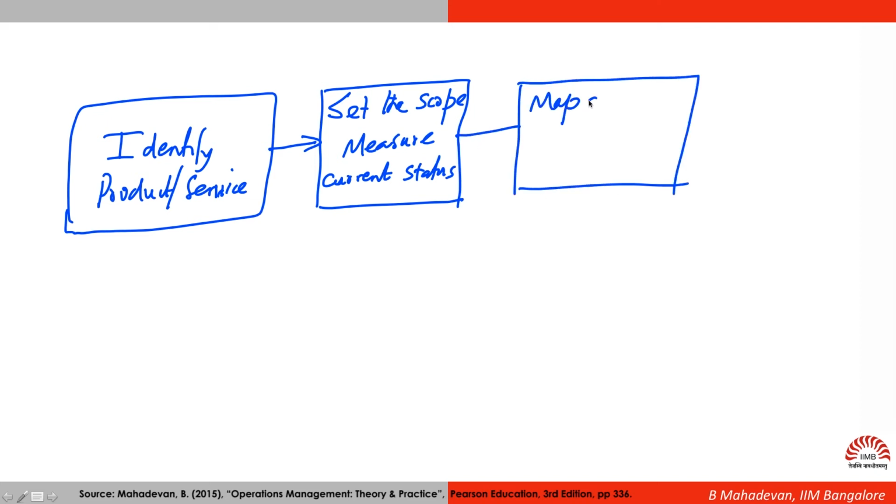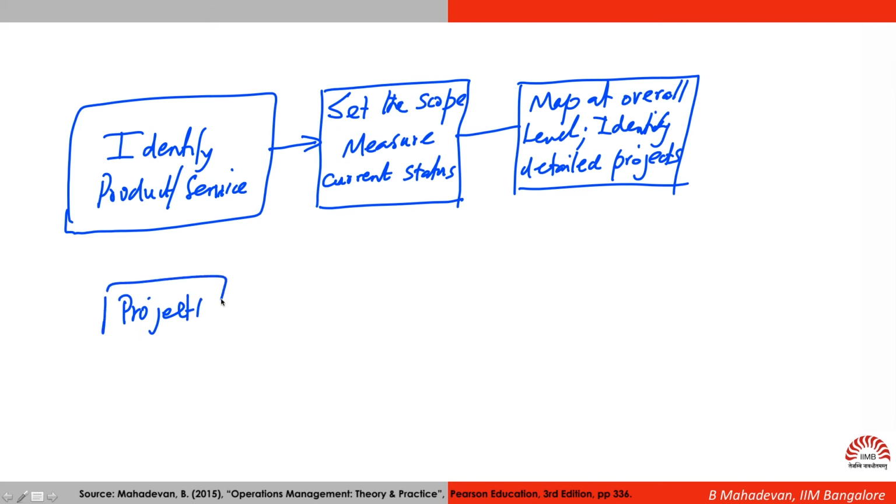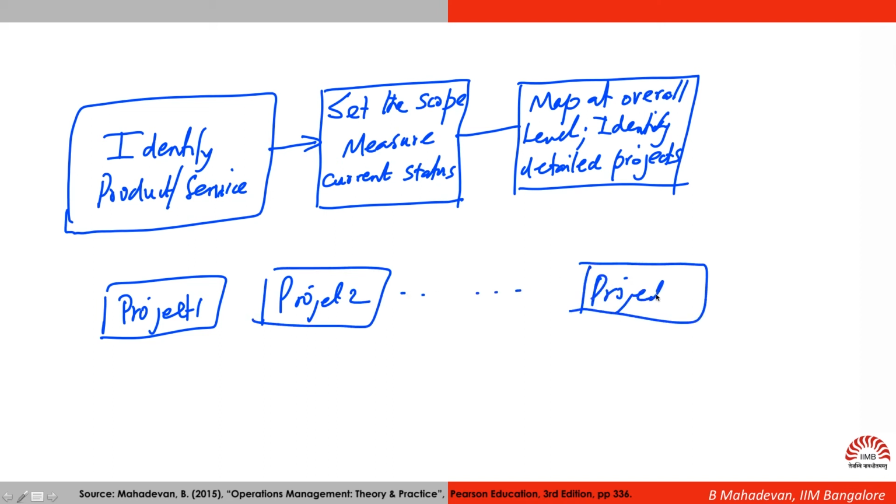So after mapping it at the overall level, we need to identify detailed projects, because once we do the mapping, we know we have a certain detail of the process, so we know where improvements lie. So out of that, we might carve out quite a few projects. Let me call it as project 1 and then project 2 and so on, maybe project N.